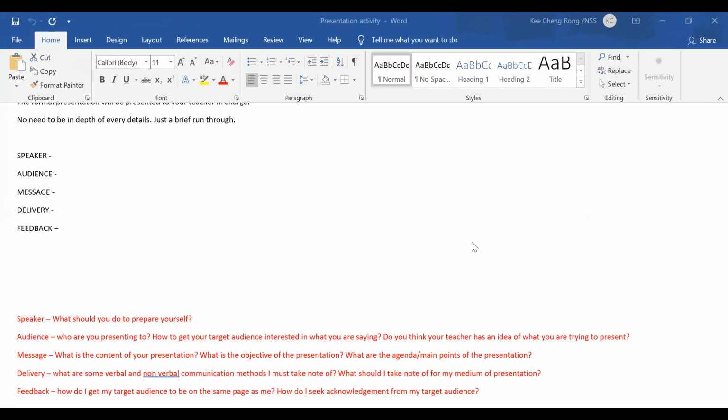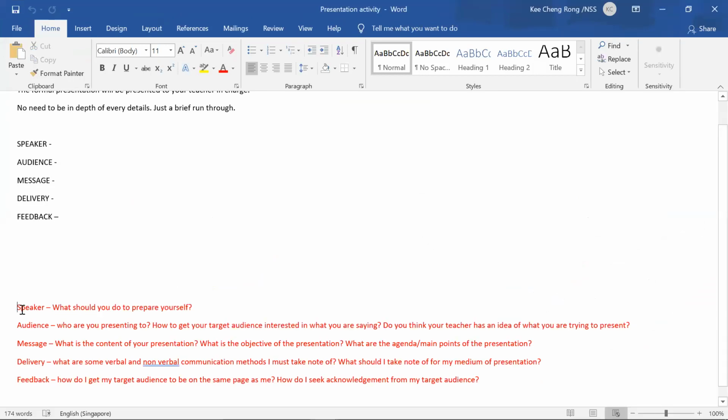Do you all know your groupings? I'll be sending you into the breakout rooms, but first I'll send you the list of questions you must take note of. For group 1, you'll handle the speaker aspect. For group 2, you handle the audience aspect.